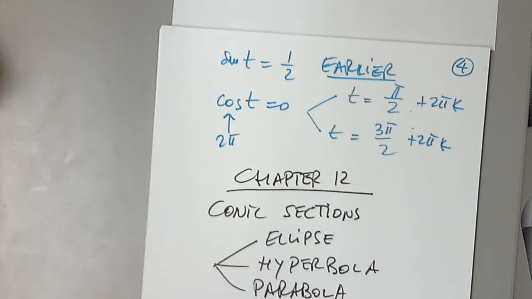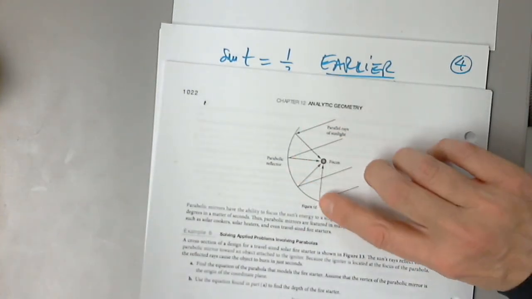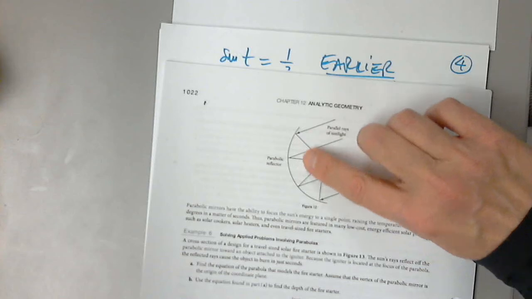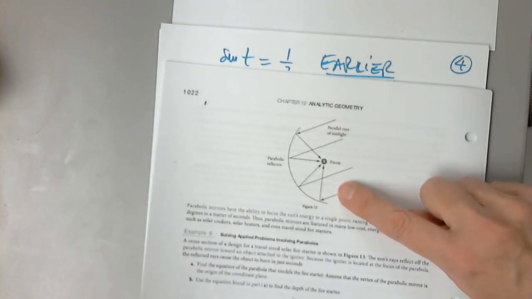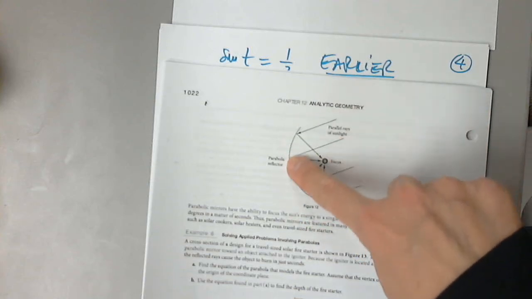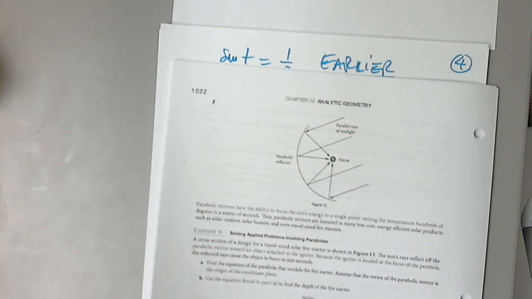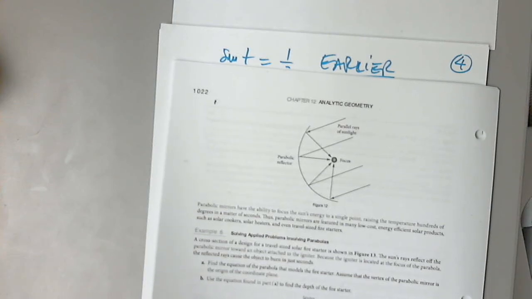Here's another application: the parabolic reflector, or satellite dish. It has a focus. It is a parabola. And we have some more specifications to look at.